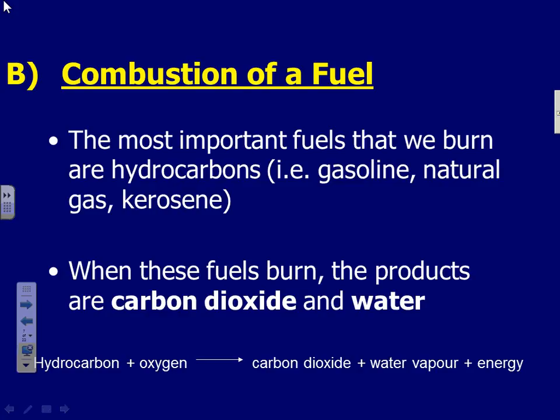They contain hydrogen and carbon. Things like gasoline, natural gas, kerosene, propane, butane, found in lighters. That's a hydrocarbon. When these fuels burn, their products are carbon dioxide and water. Because when the hydrogen burns, it produces water, and when the carbon burns, it produces carbon dioxide.